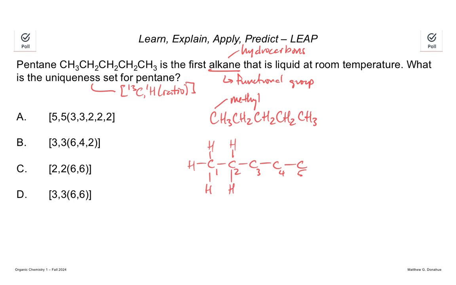So a CH2 group is called a methylene group. Methylene. So carbons 3 and 4 are also methylene. And then carbon 5 is another methyl group, CH3.